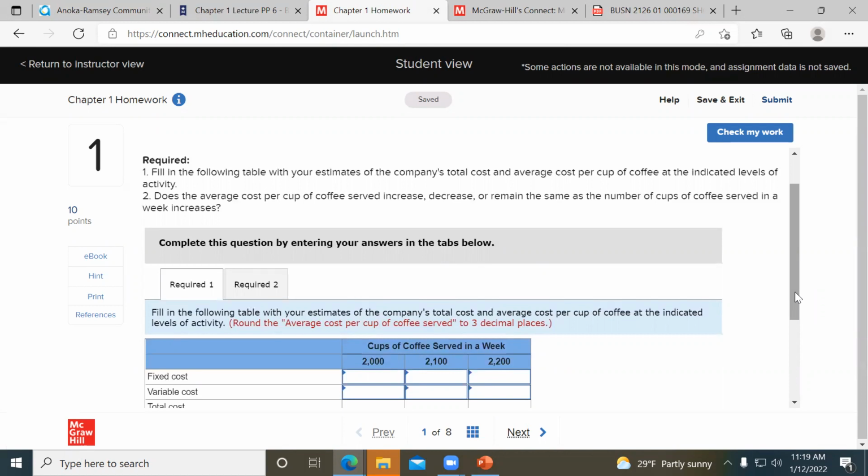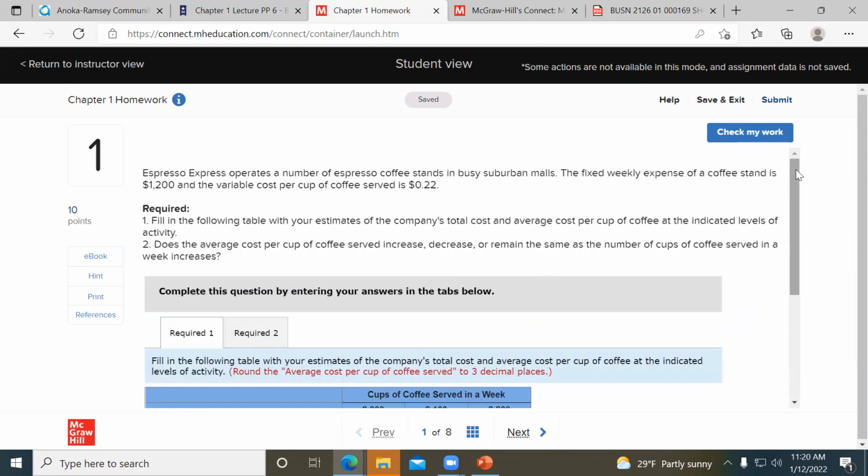So in this one, Espresso Express operates a number of espresso coffee stands in busy suburban malls.